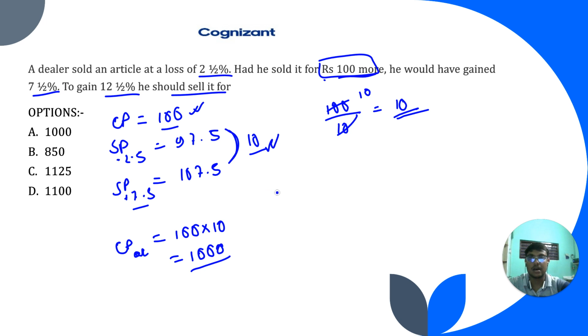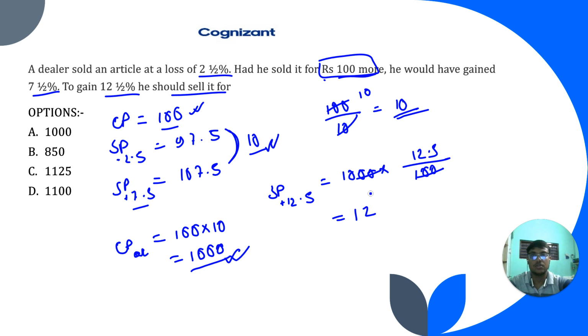And to gain a profit of 12.5%, we need to find the selling price when we have a profit of 12.5% over the actual cost price. So 1000 into, 12.5% gain, that would be 1 plus 12.5%.